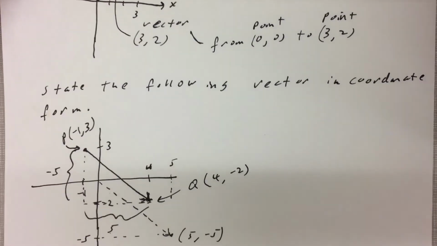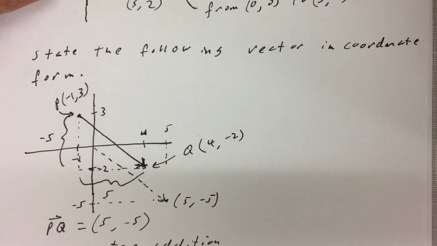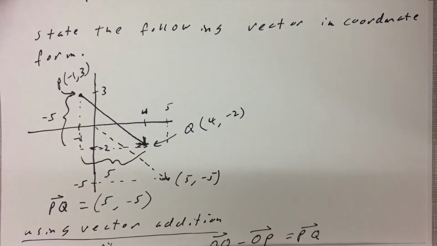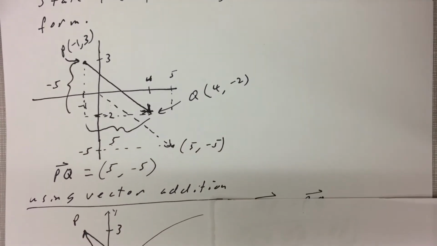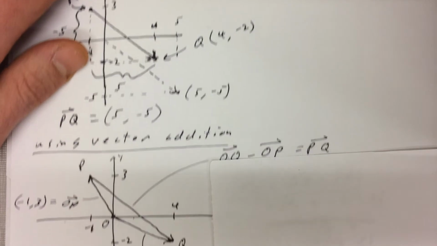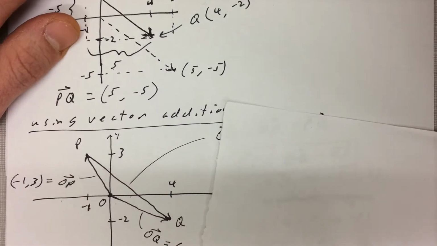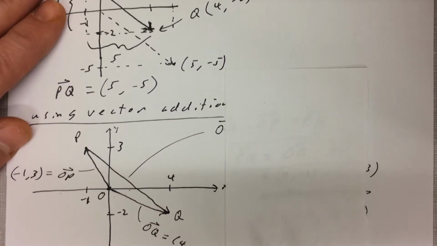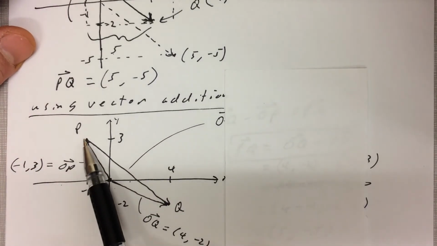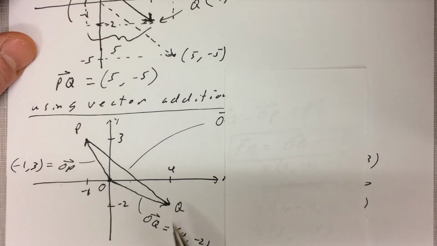Another way of looking at this, in fact the most important way of looking at it when we start writing these things out, is if we take a look at these 2 points, P and Q, the same points that we had before. P is (-1, 3), and Q is (4, -2).